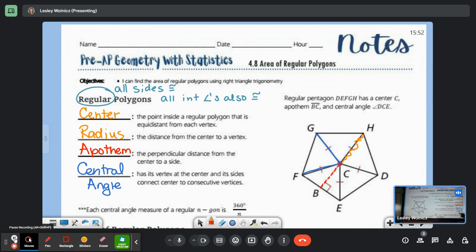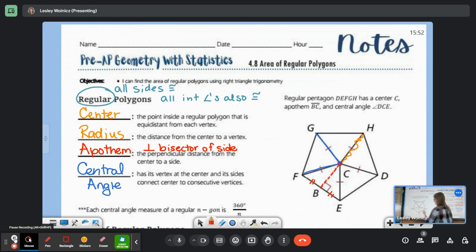One of his first jobs is that in addition to being perpendicular to the side, he also bisects the side. So he is a perpendicular bisector of the side. He's got another job. You can see that all of the radii are congruent.